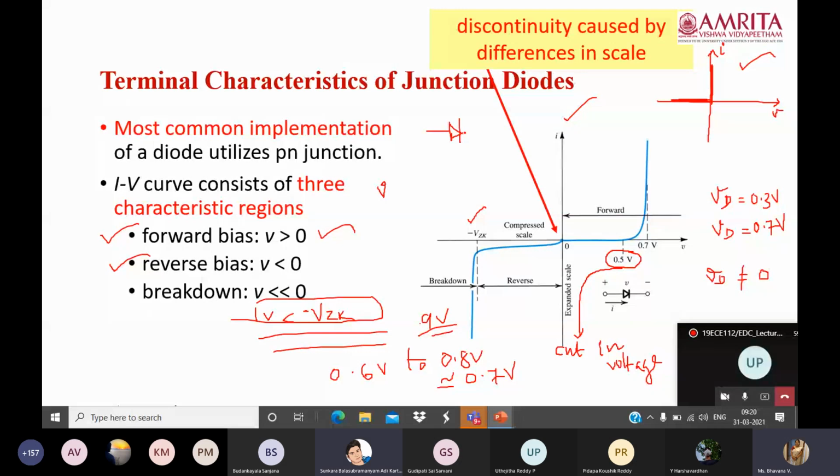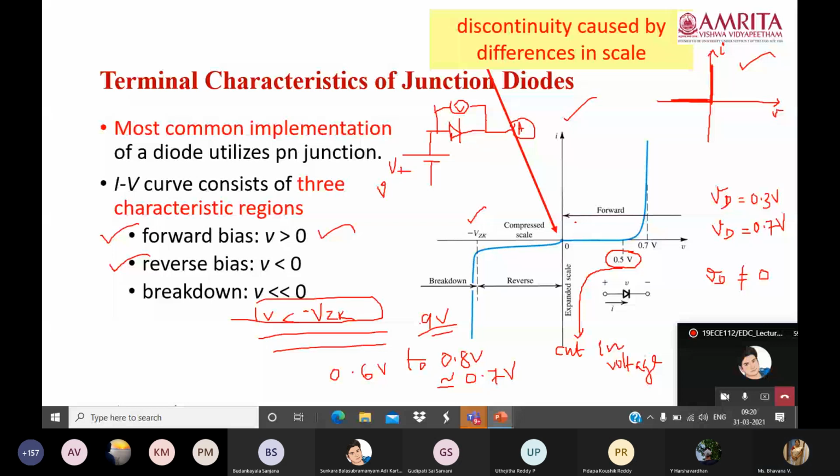It is only for silicon, no? Yes, this VD is 0.7 for silicon. External biasing means you will be applying a supply here. By increasing this supply, the diode drop will increase. You can measure the voltage by connecting a voltmeter here, and use an ammeter to measure the current.